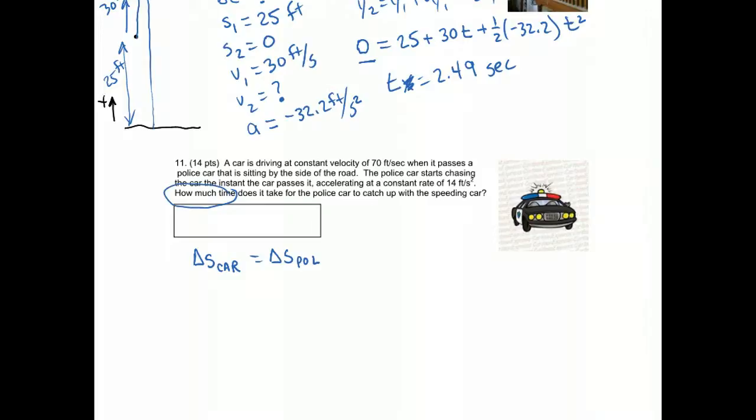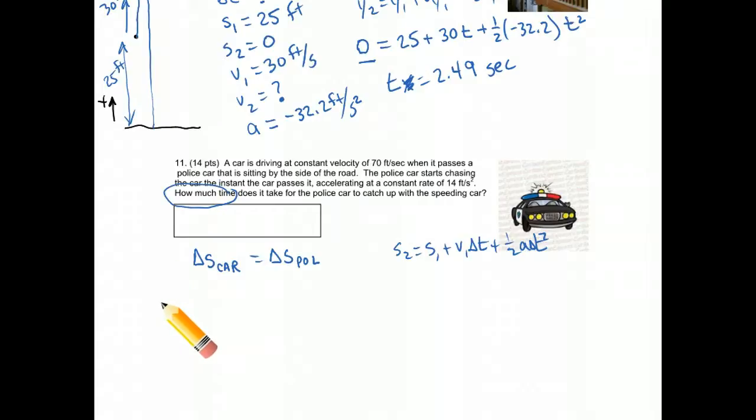We know a bunch of initial information about each one, so we'll use the general form of the equation, S2 equals S1 plus V1 delta T plus 1/2 A delta T squared. We'll use that for each one, setting the delta S equal to each other.